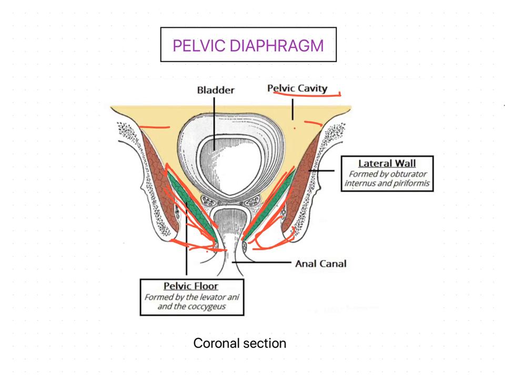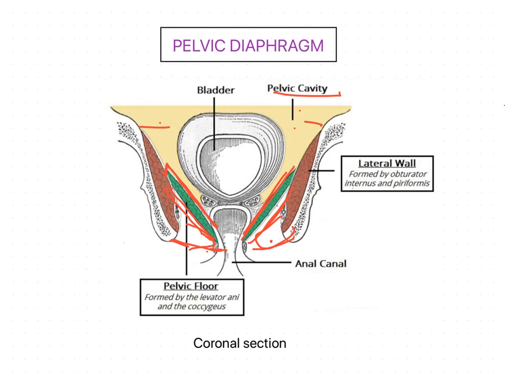The pelvic diaphragm separates the pelvic cavity from the perineum, the region which includes the genitalia and the anus. Normally the perineum we can see only in the lithotomy position, isn't it?